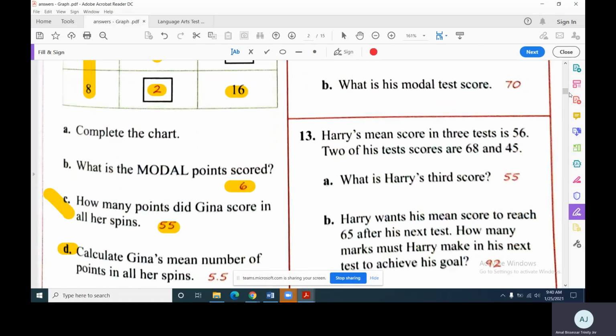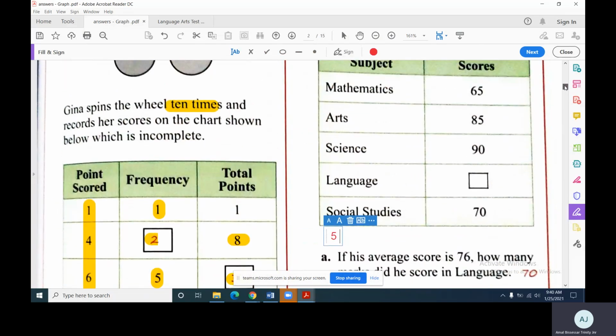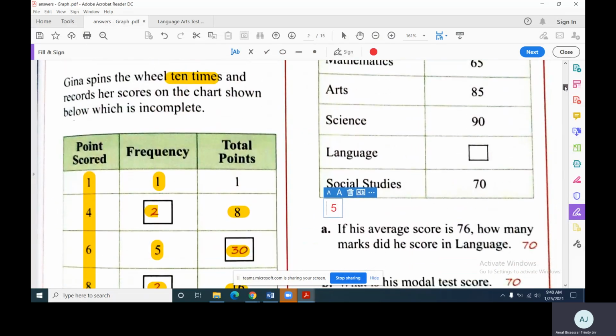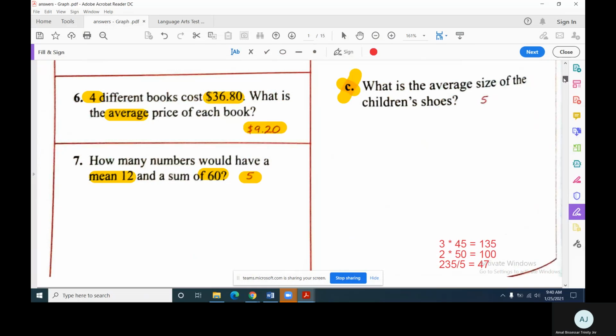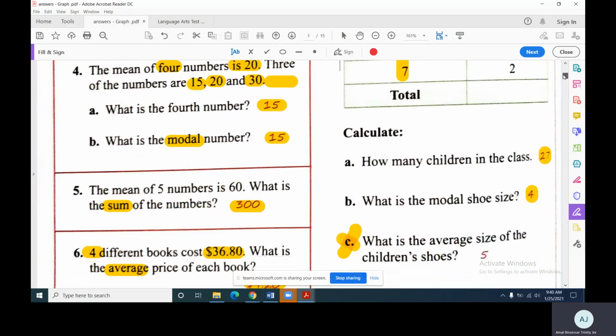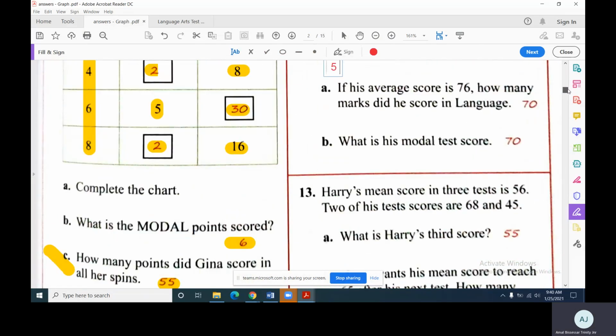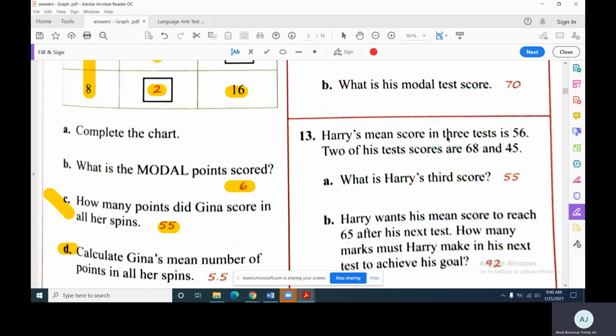Harry's mean score in 3 tests is 56. 2 of his test scores are 68 and 45. So am I not in the same thing like up here? Instead of 5 tests, or up here, instead of 4 numbers, I come down here and I have the mean in 3 is 56. So my first step is going to be, what is the total?